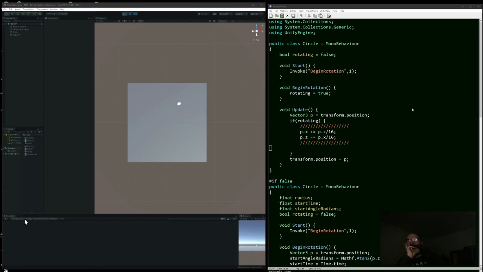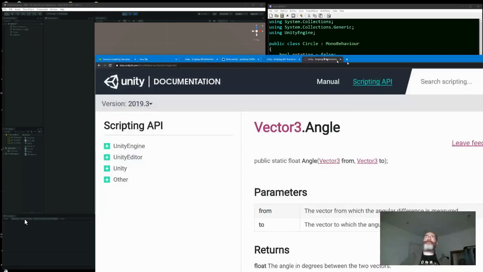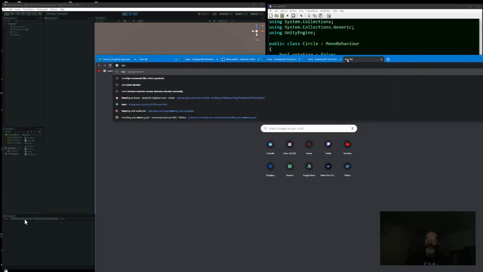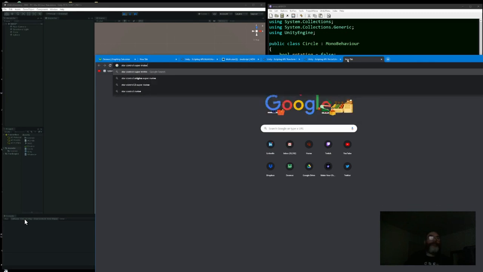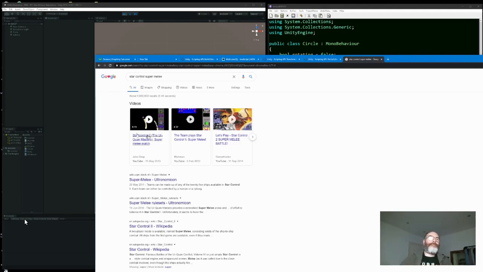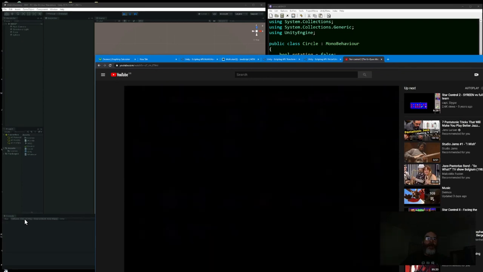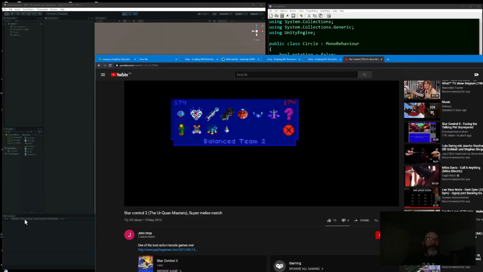Like Super Star Control. Hey Zagu, how you doing? Good to see you. Star Control Super Melee. I'll take a look at that. What was this from? 92.